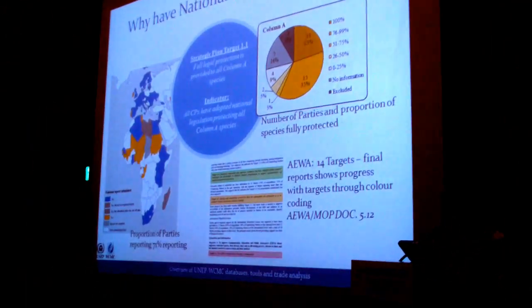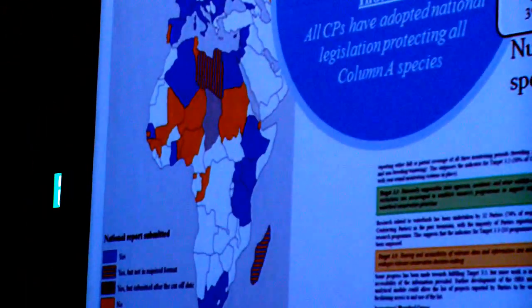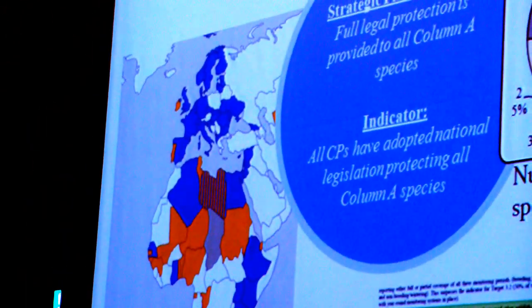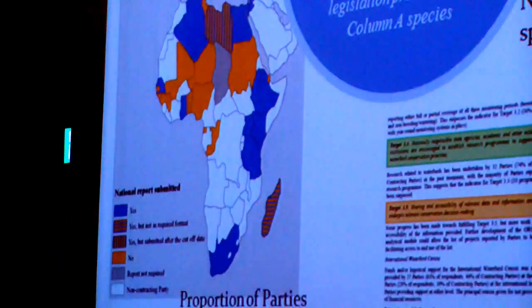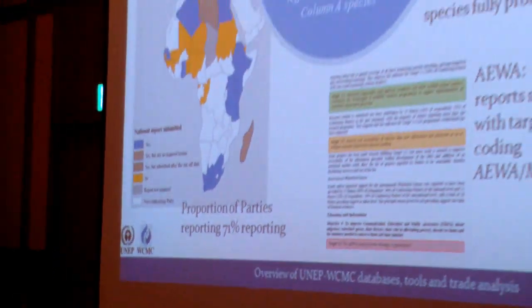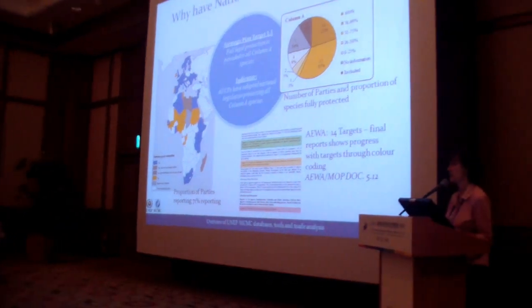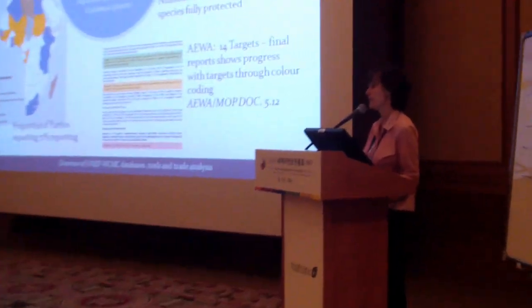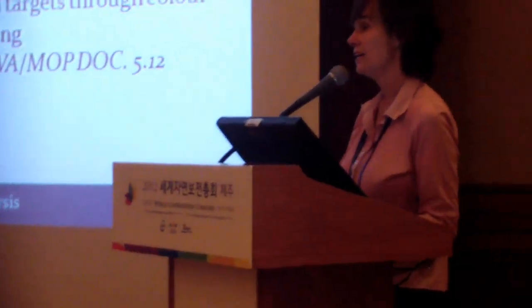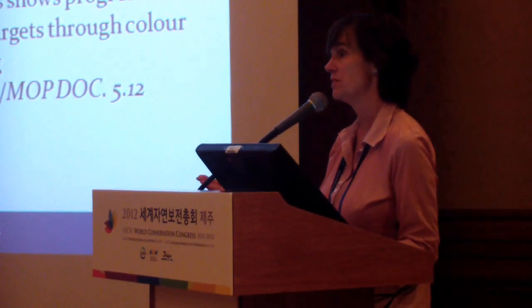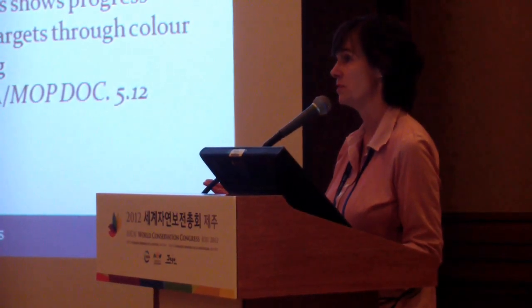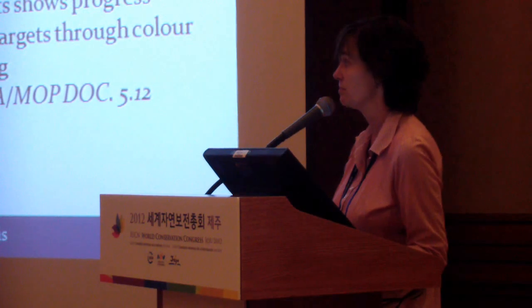Then AEWA, as many of the conventions do, has developed a strategic plan with specific indicators so that they can chart their progress towards full implementation of the Convention, and also progress in terms of conserving biodiversity and contributing to sustainable development.